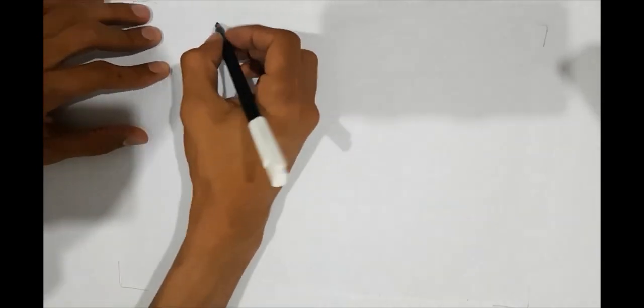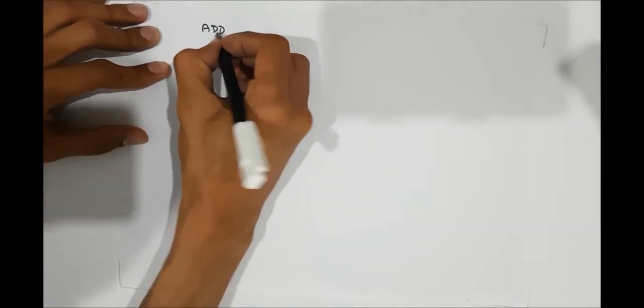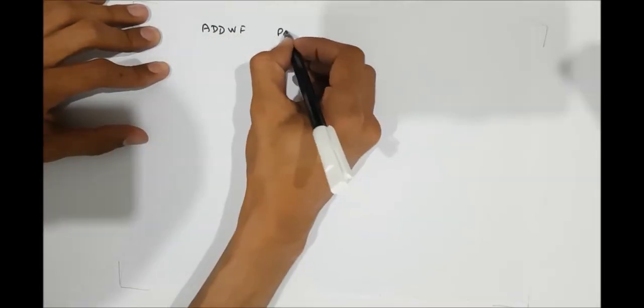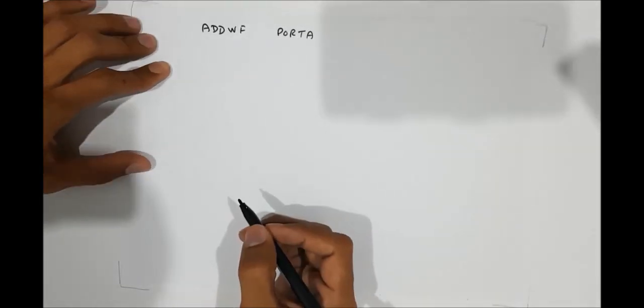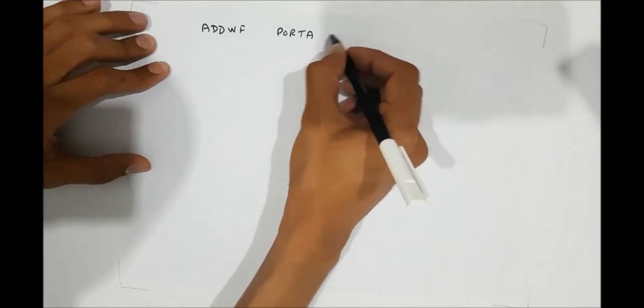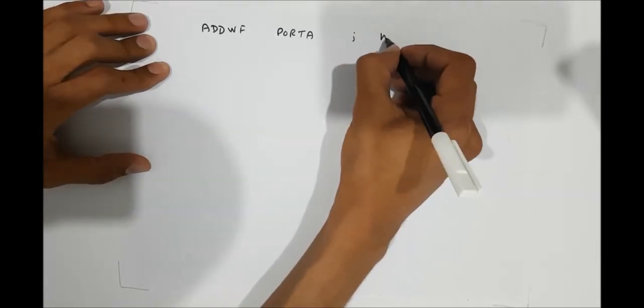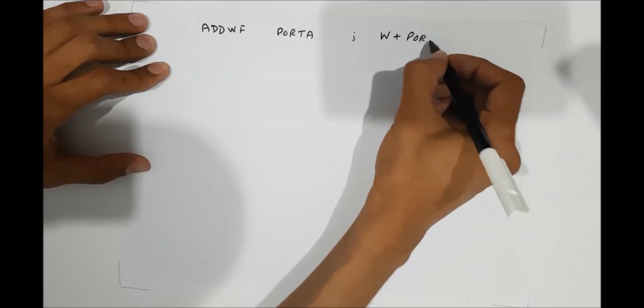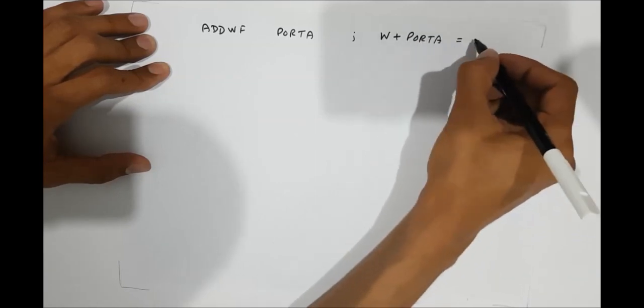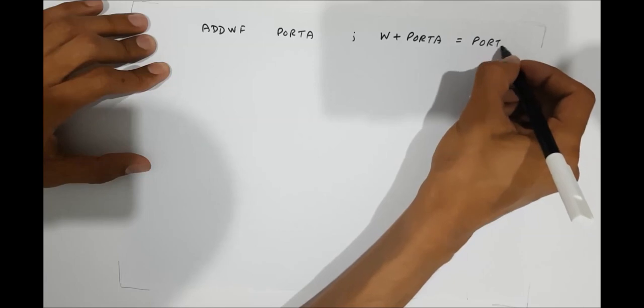The same rule applies when your file register now is a port. So for example, you write ADDWF PORTA. What this instruction will do is, add the W register and the contents of port A and store them into port A.